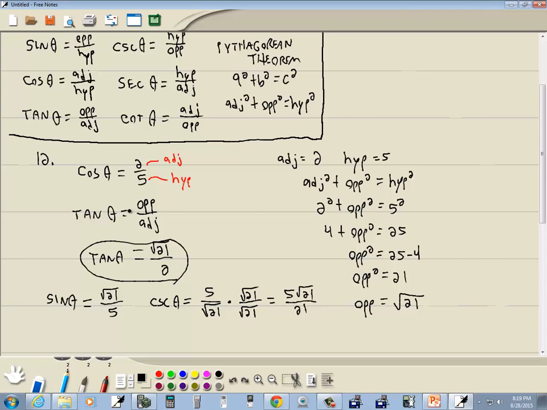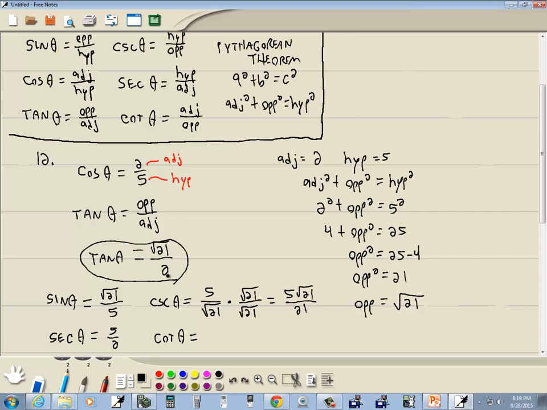Now we have cosine. So secant is just cosine flipped, the reciprocal of it. Well, cosine is 2/5, so secant will be 5/2. Now, cotangent. Tangent and cotangent go together. Cotangent is simply tangent flipped, the reciprocal of it.